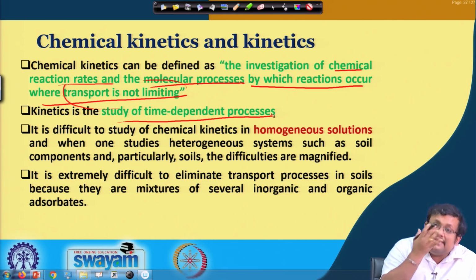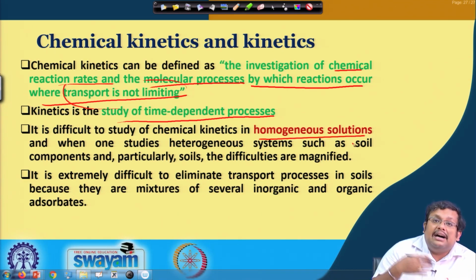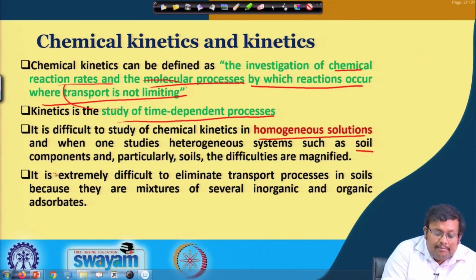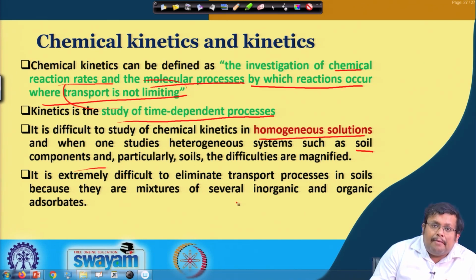Okay. Now, it is difficult to study chemical kinetics in homogeneous solutions, and when one studies heterogeneous systems such as soil components and particularly soils, the difficulties are very much increased. Given that the study of chemical kinetics in a homogeneous solution is difficult, it will be much more difficult in a heterogeneous system like soil.